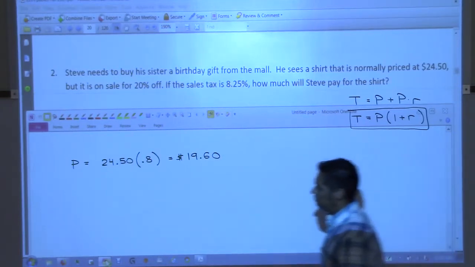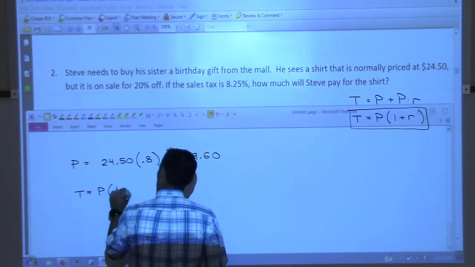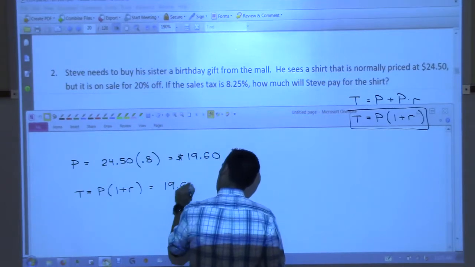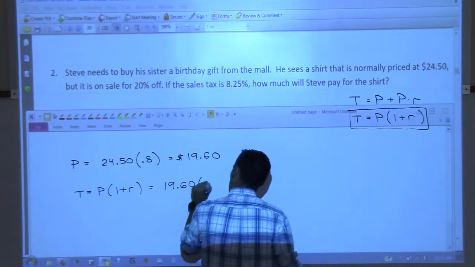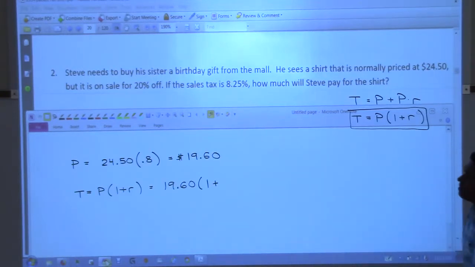So the total is going to be the price times 1 plus the tax rate, which is going to be $19.60. I'm using that formula now. And then 1 plus the tax rate, and our sales tax here, is that the right sales tax rate? I think it is.